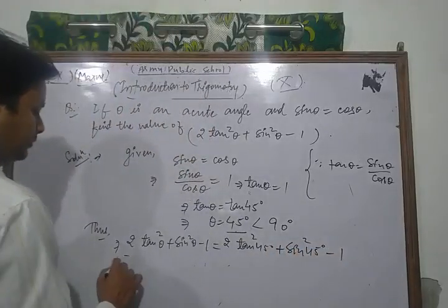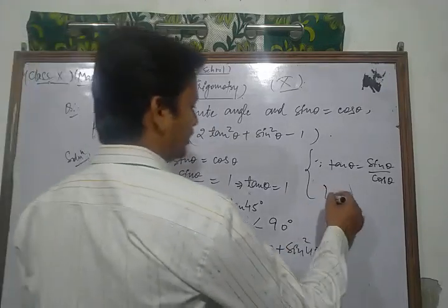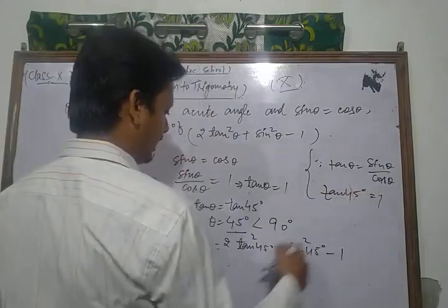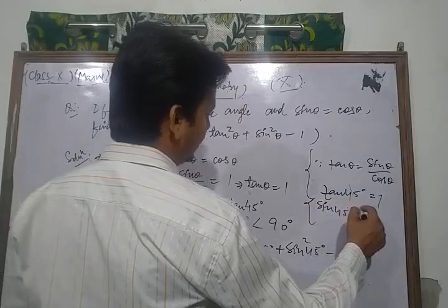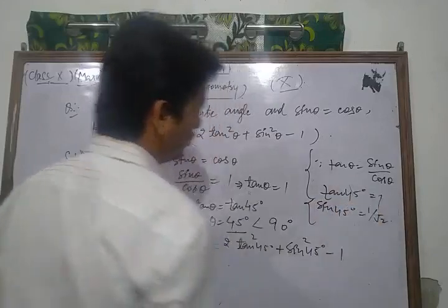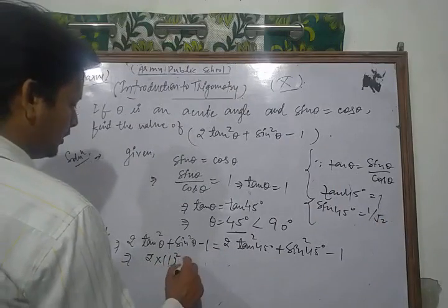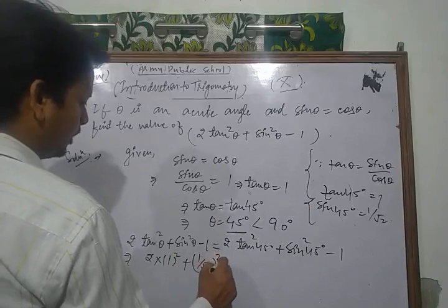Now we simplify. You know that the value of tan 45 degree is 1 and the value of sin 45 degree is 1 upon under root 2. So we put 2 into 1 square plus 1 upon under root 2 whole square minus 1.